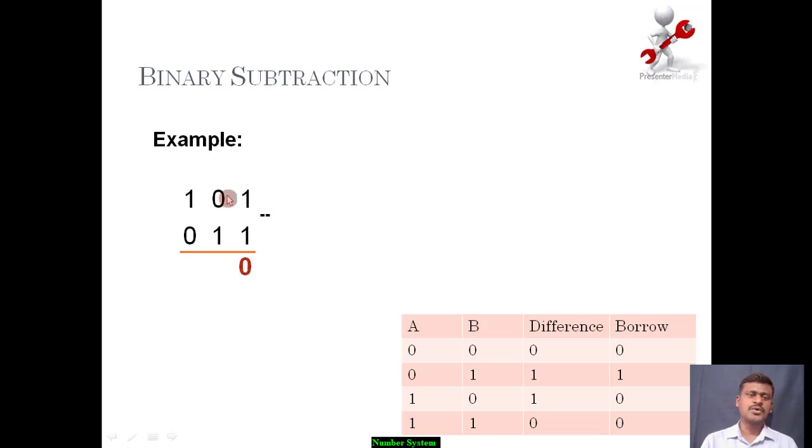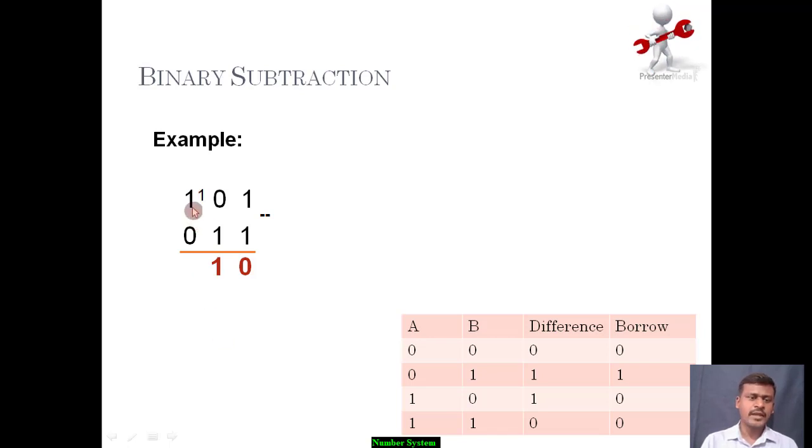Next is 0 minus 1. 0 minus 1 will give you 1 as a difference, as well as borrow is also 1. That means we cannot subtract 1 from 0. So we will take 1 borrow from the next digit, which gives 1 as a difference and 1 as a borrow.